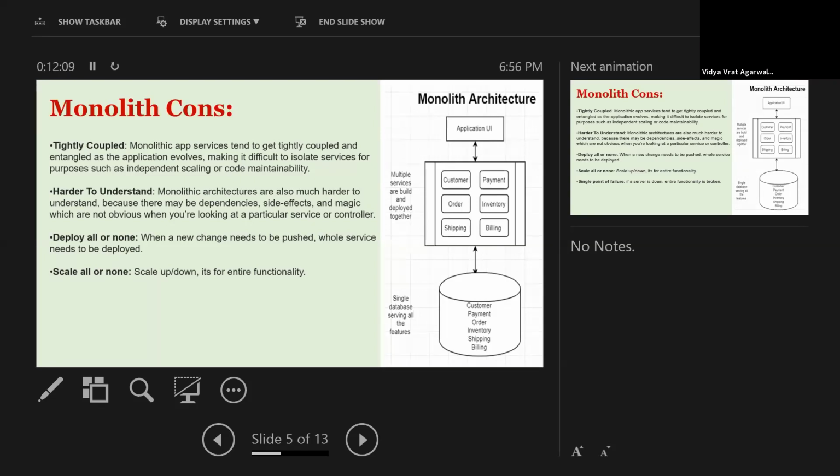Now, there are two types of scalability: scale up and scale out. Let's say I have one VM. VM means virtual machine, just a server. You have one server with code in it.